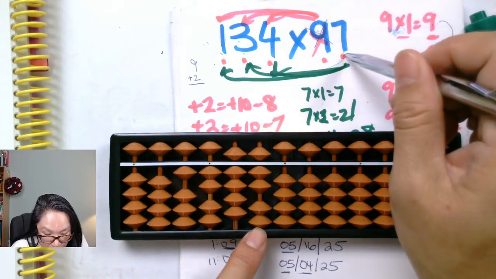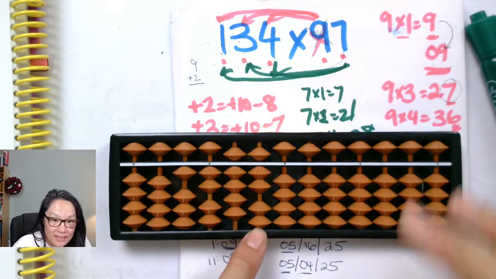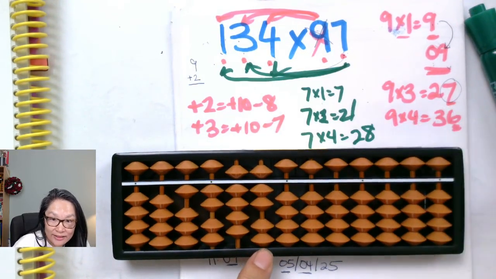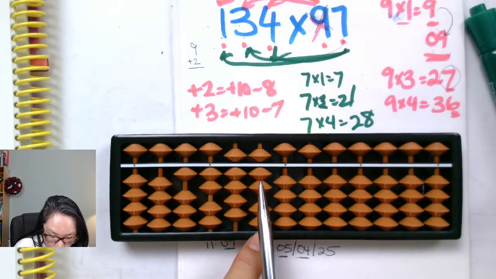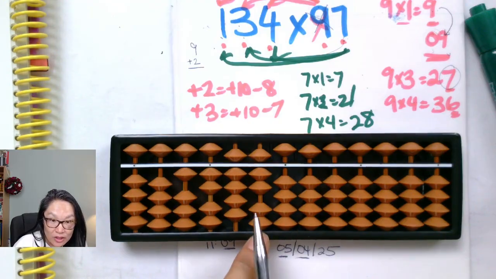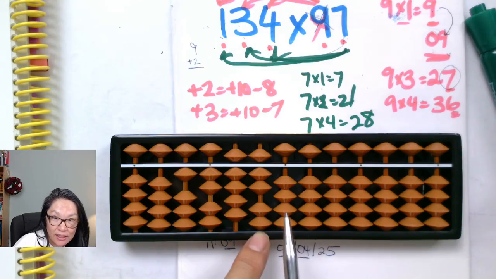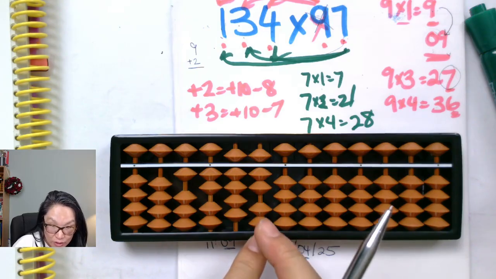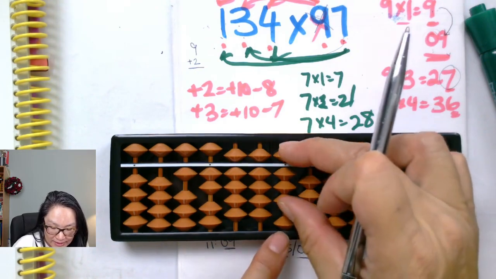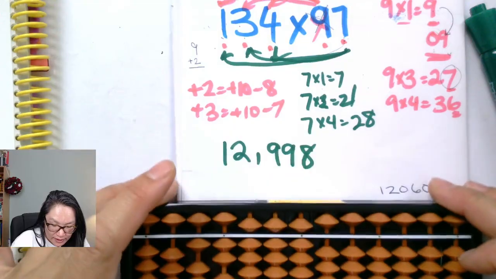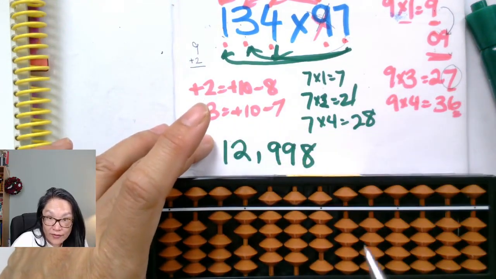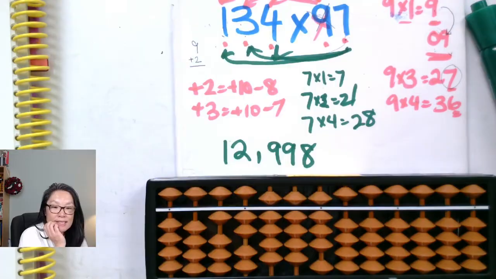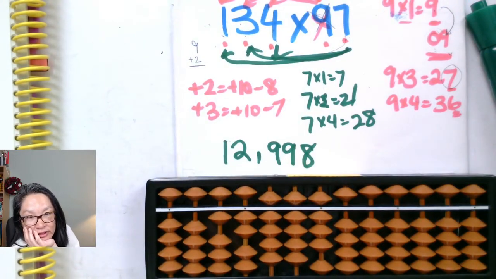Okay, it's starting to make sense. And then 7 times 4. 7 times 4 is 28. Is there enough to add 28? Add a 20, add an 8. Is there enough beads? Yes. So then my final answer is 12,998.